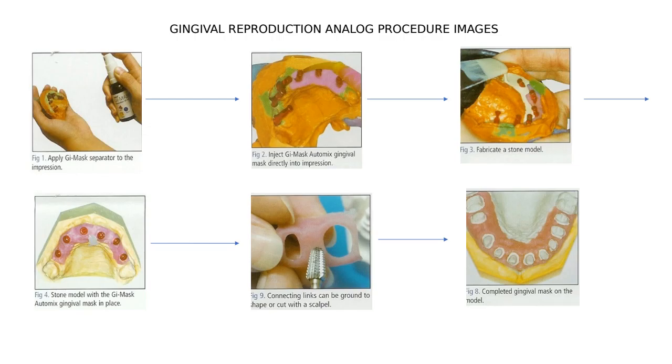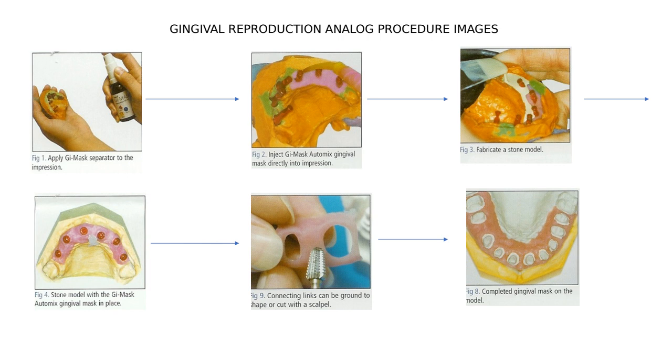So this is in pictures how the gingival mask is done. The impression is sprayed with a separator, then the gingival mask is applied inside the impression in the areas that we want. Also make sure that you don't put it all over the place and don't go into the adjacent teeth if it's not necessary.